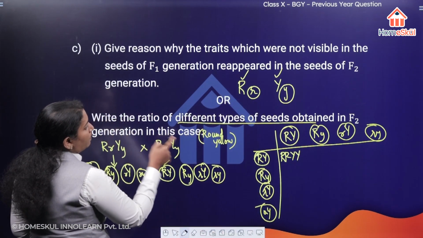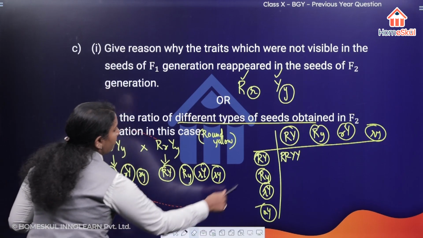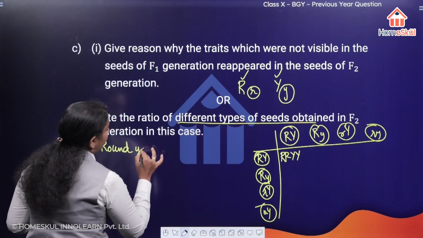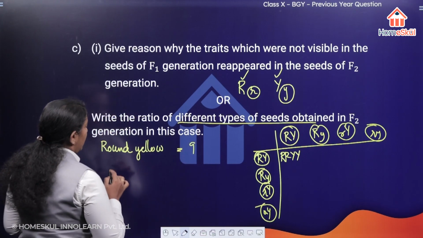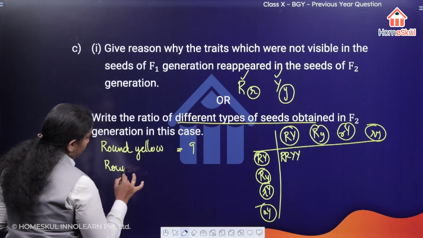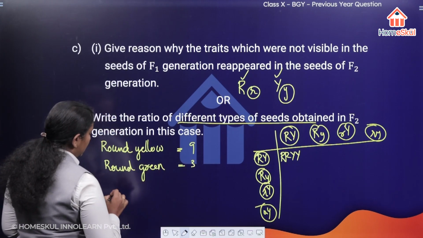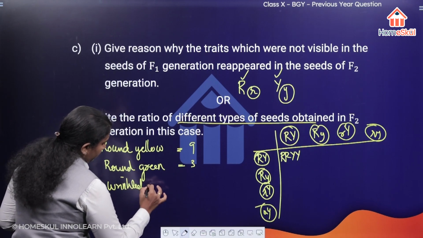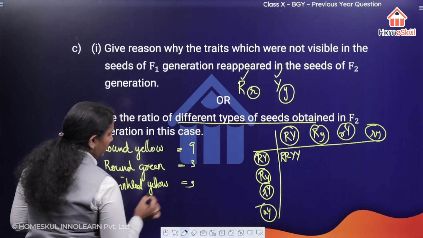A total of 16 plants were observed in the F2 generation here. Round yellow phenotypes are about 9 in number. Then round green phenotypes are 3 in number. Then wrinkled yellow, a new combination, is 3 in number.